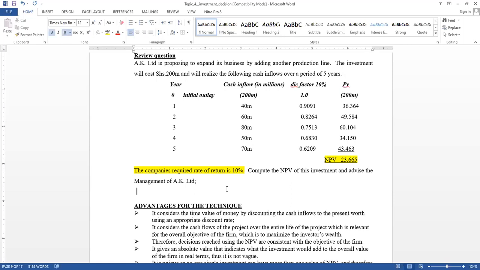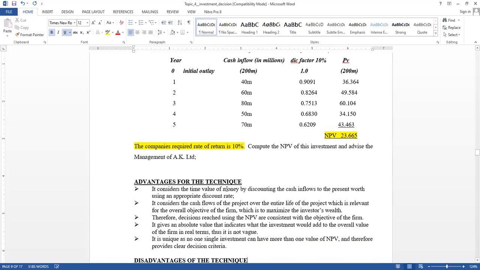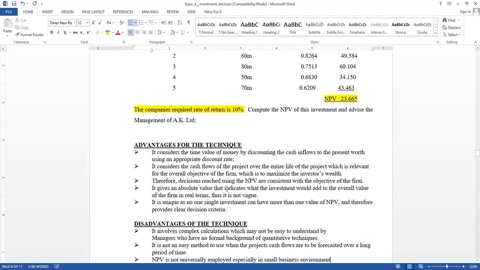Now, of course, this technique has got a number of advantages and disadvantages. One of the advantages is that it considers time value of money. We looked at time value of money at the beginning, because this technique discounts the cash inflows to their present worth, as we've done here, using an appropriate discount rate.